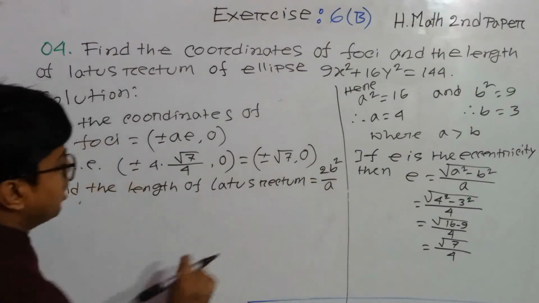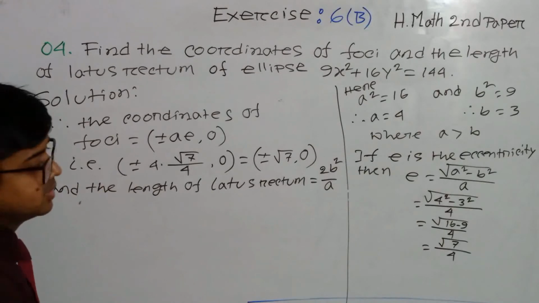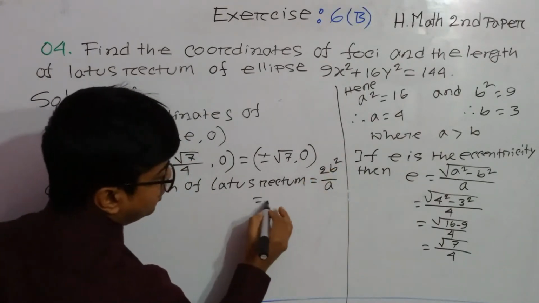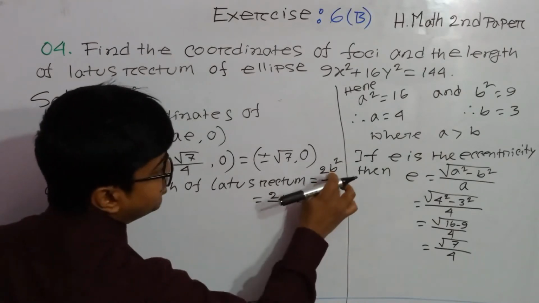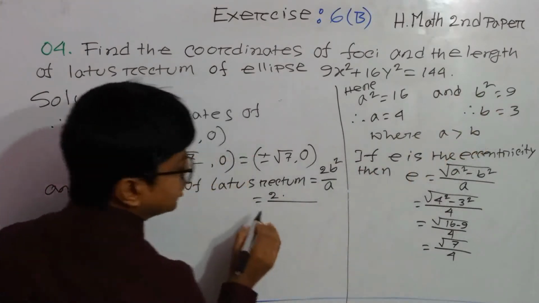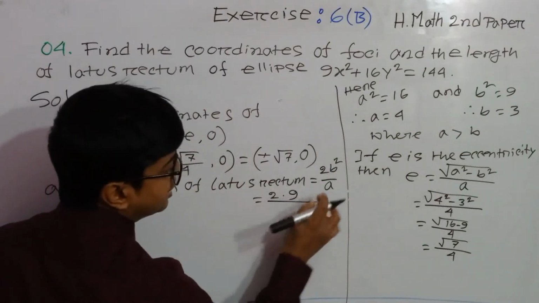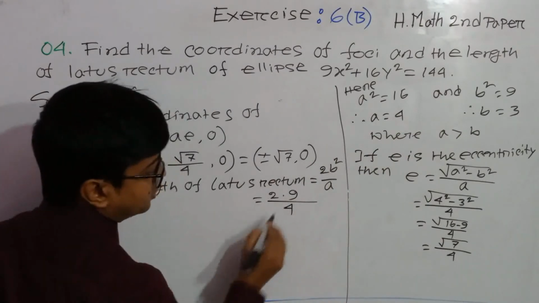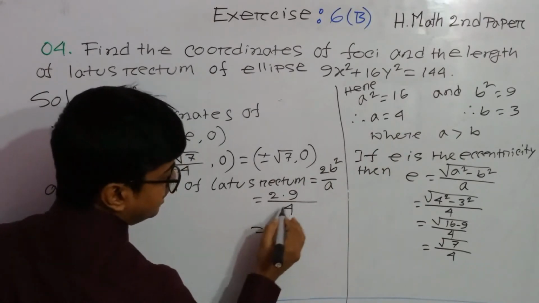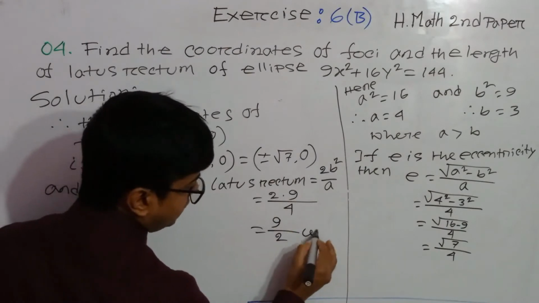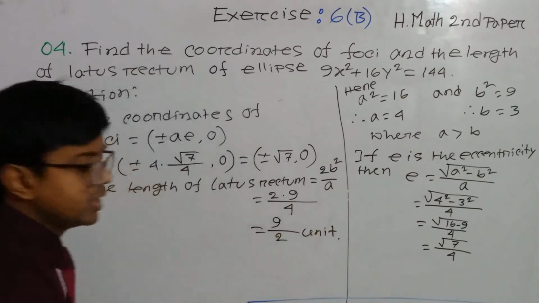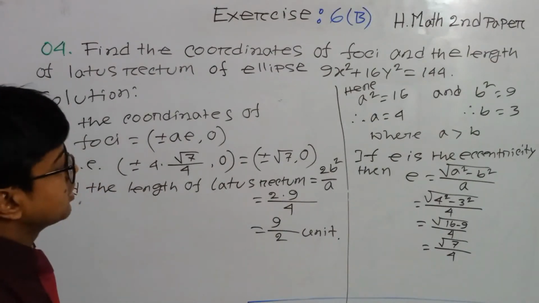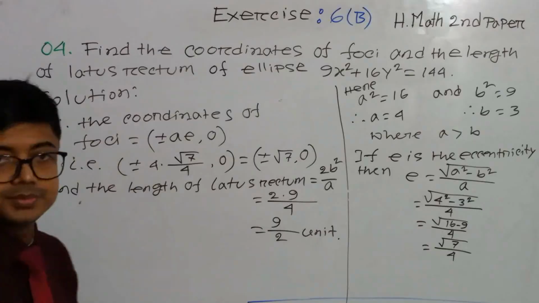This is the formula for the length of the latus rectum. So now we can put the values of a and b. It will be 2 into b square, and b square equals 9, so 2 into 9, and a equals 4. After calculation it will be 9 by 2 units. Look at this. This is the required solution of question number 4.